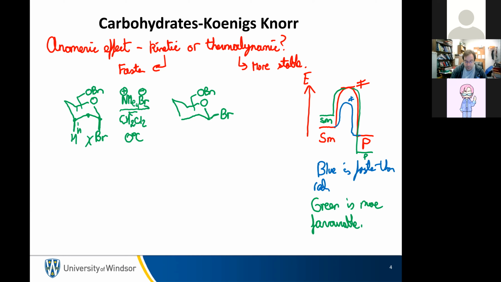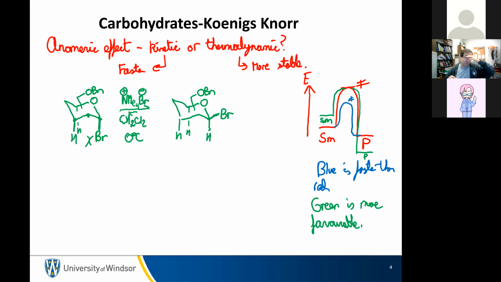Whereas here, the bromine is now equatorial and a hydrogen is now axial, and you don't get smaller than hydrogen. Hydrogen's the smallest thing you can have. And so now hydrogens are having these 1,3 diaxial interactions. There's nothing we can do about that, but at least we have the smallest one possible. Whereas bromine is a pretty big atom.